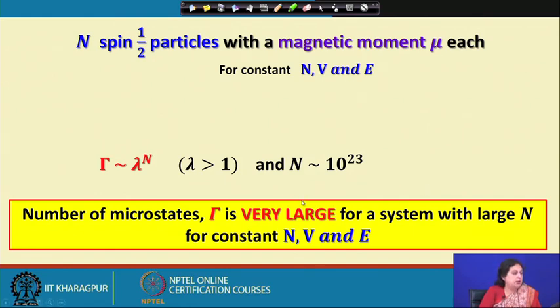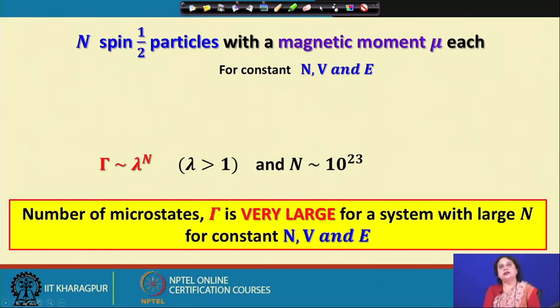And since we are in the real system, we are interested in typical values of N, which is of the order of the Avogadro number. You understand that whatever we have said till now is actually valid.